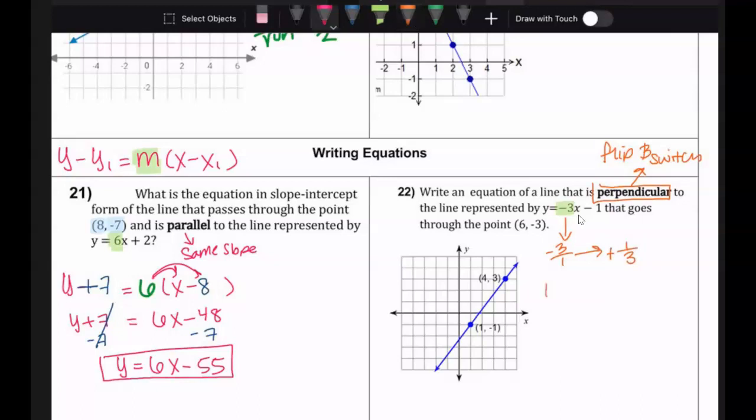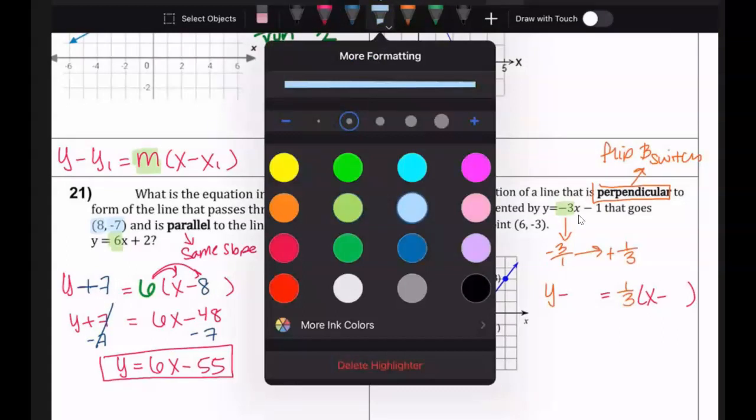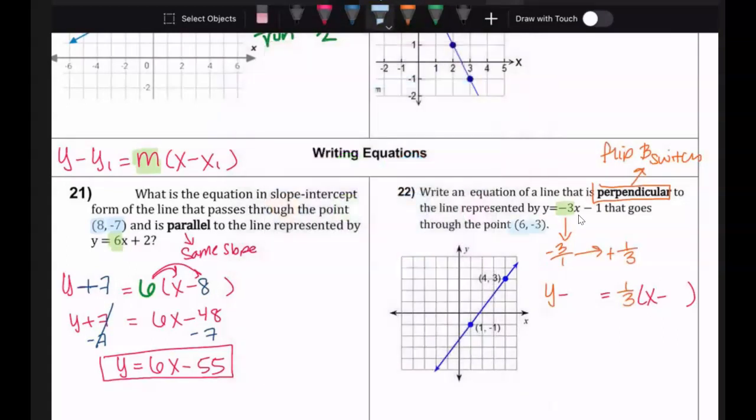So I can start setting up my equation: y minus y1 equals m, which I just found, which is 1/3, x minus x1. And then, same thing as last time, they give me my x1, y1 in the problem.